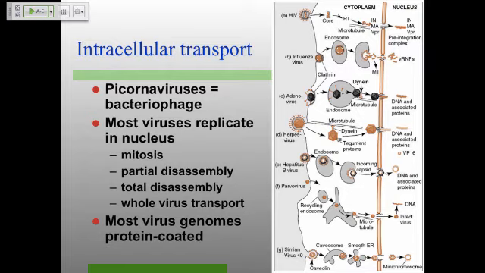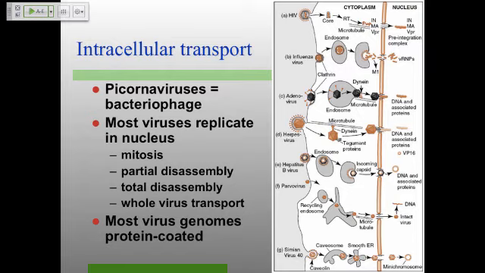A bacteriophage would be injecting its genome right here across the membrane. But usually you'll have incorporation into an endosome, like with the influenza virus, then a structural change, and fusion. You can also have fusion that happens at the plasma membrane. In many, many cases, you want to get your virus genome to the nucleus, and that's because that's where the cell is replicating things.